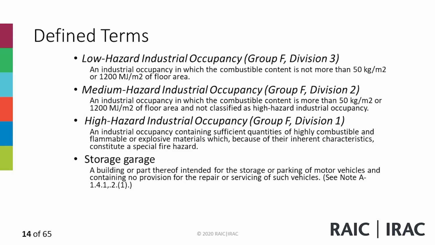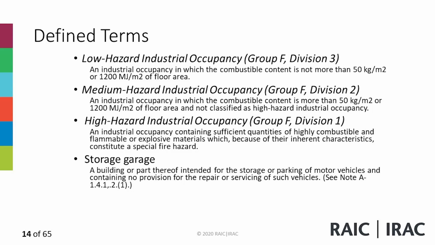But the definition for F1 is an industrial occupancy containing sufficient quantities of highly combustible materials and flammable or explosive materials, which because of their inherent characteristics constitute a special fire hazard. So we may have a minute quantity of some material, but because it's a very big hazard and it may create an explosive atmosphere, like dust.